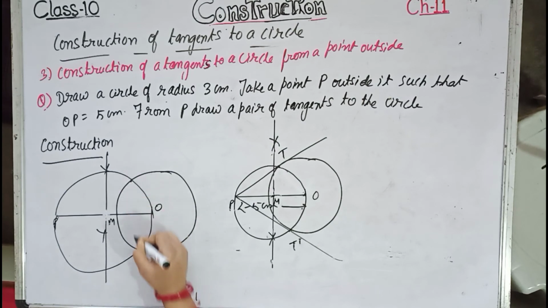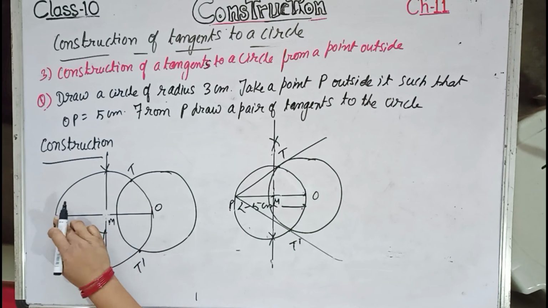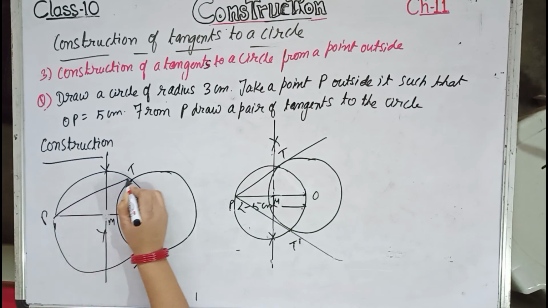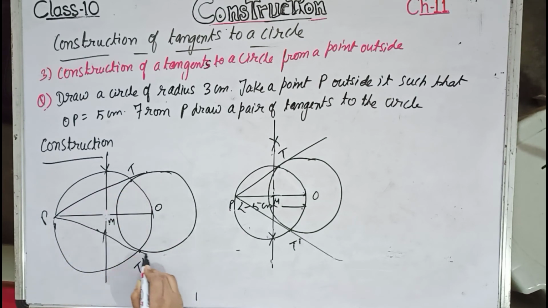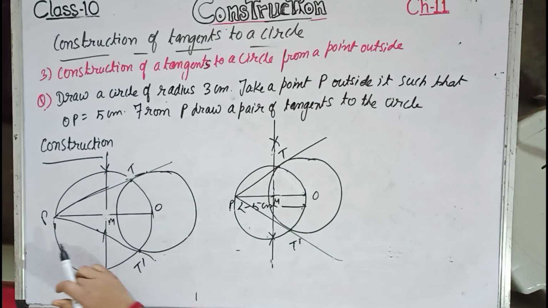Now wherever it cuts the original circle, give those names T and T dash, and from the point P join those. Then those two are the required tangents.